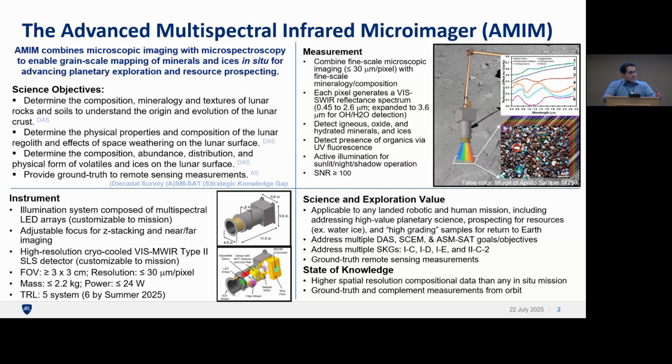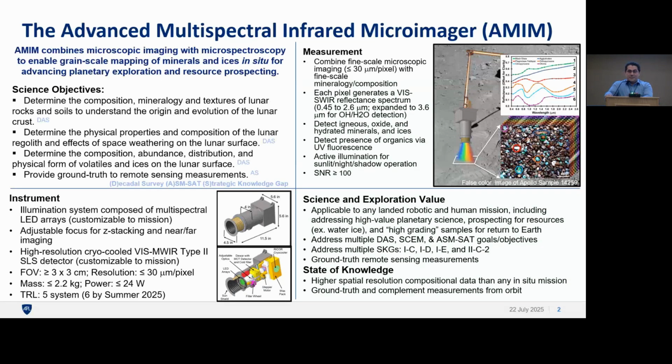And the way the instrument works, if you see the image on the right, which is an artist rendition, the idea is that you imagine AMIM deployed at the end of a robotic arm, like the microscopic imagers on the rovers, looking at the regolith up close, and then extracting an image cube from which you can extract spectra to generate endmembers.